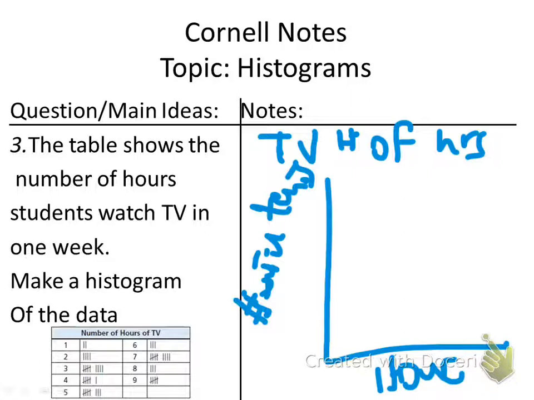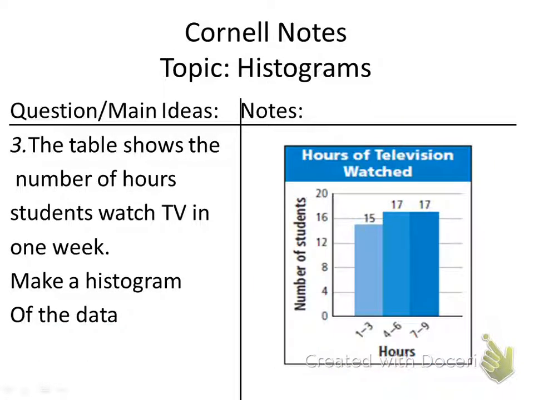So when we write that, we should get something like this. Hours of television watched, number of students, hours, done. Now notice on the left I skipped to 4, 8, 12, 16, 20. You can skip at different intervals, but the bottom lists the intervals that I had in my frequency table, and then I label how much is there above the bar.